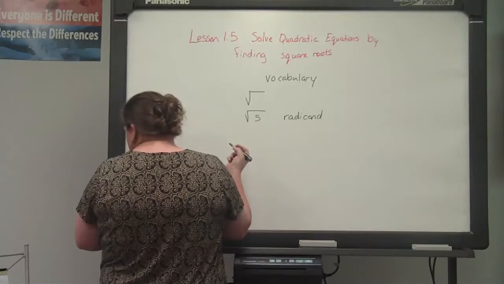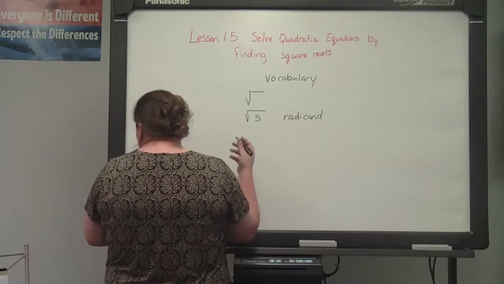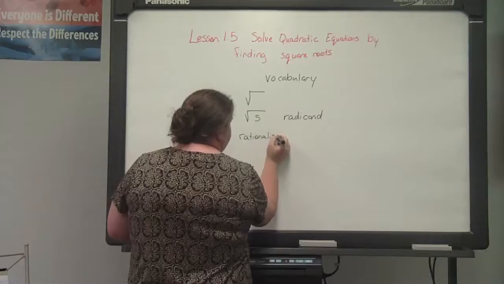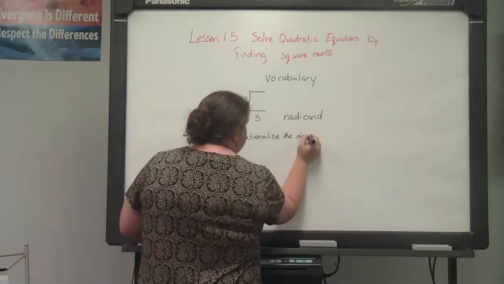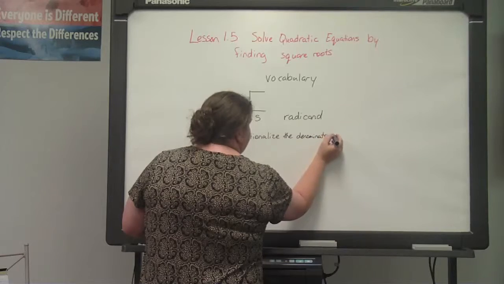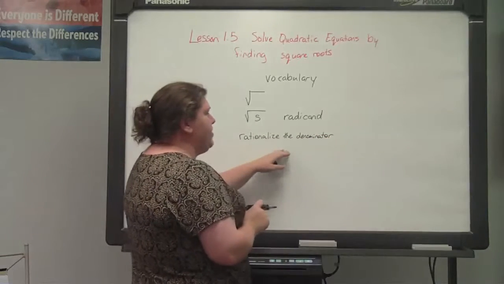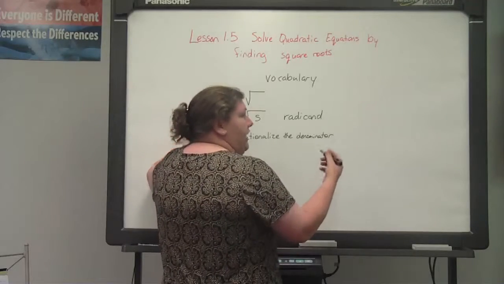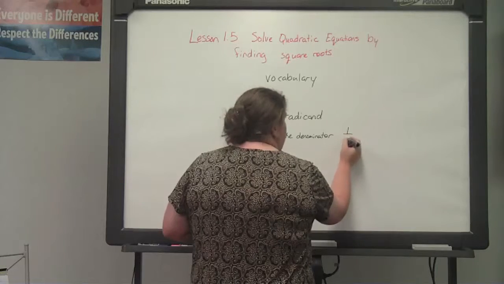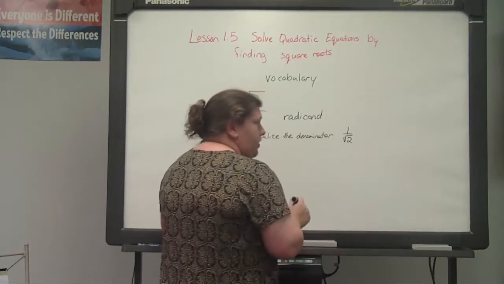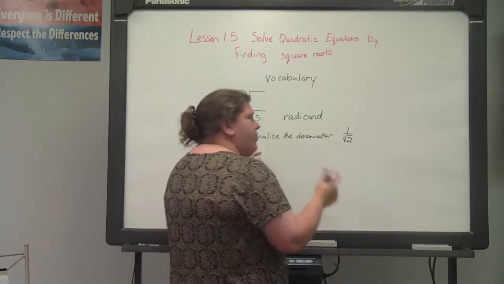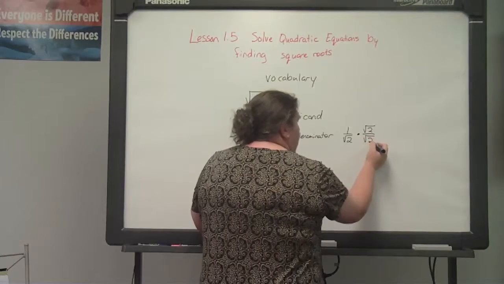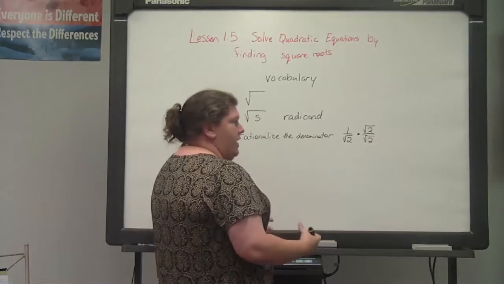Next we have rationalizing the denominator. What rationalizing the denominator means is that if you have a radical sign in the denominator, say 1 over square root 2, to rationalize it means you have to multiply top and bottom by your radical in the denominator.